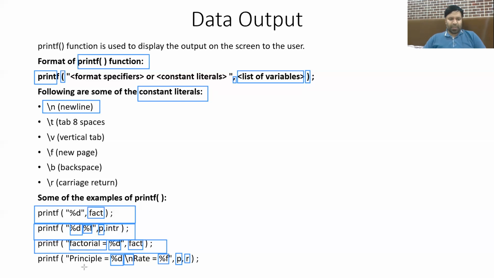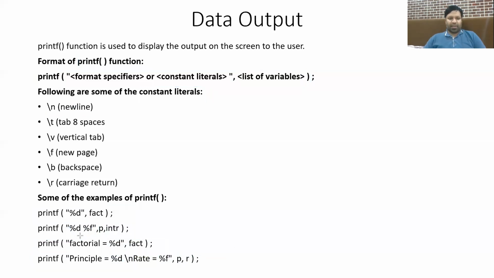As you can see in the last line, I'll just clear it and redraw right here. It says principal is equals to %d, which means 100. So it will display on the screen principal is equals to 100 and then /n, which means the output will move to the next line.